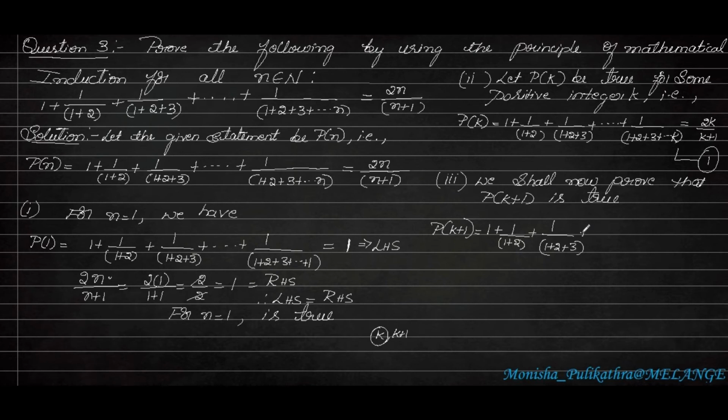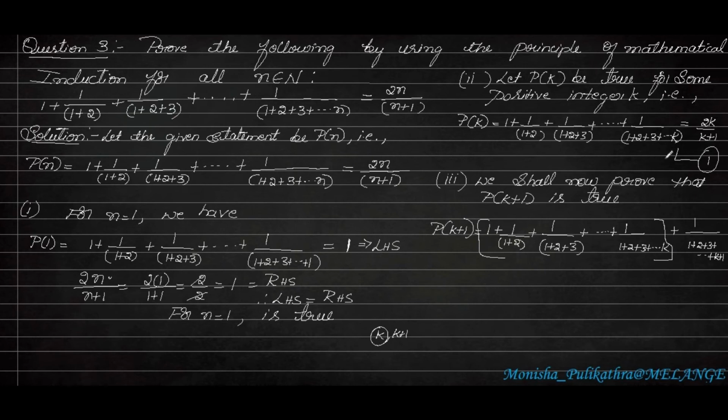So first we have to write 1 by 1 plus 2 plus 3 plus up to k, because first k comes and later the next consecutive digit will be k plus 1, right? So after this we have to write plus 1 by 1 plus 2 plus 3 plus etc. up to k plus 1. So up to here this will be a group.